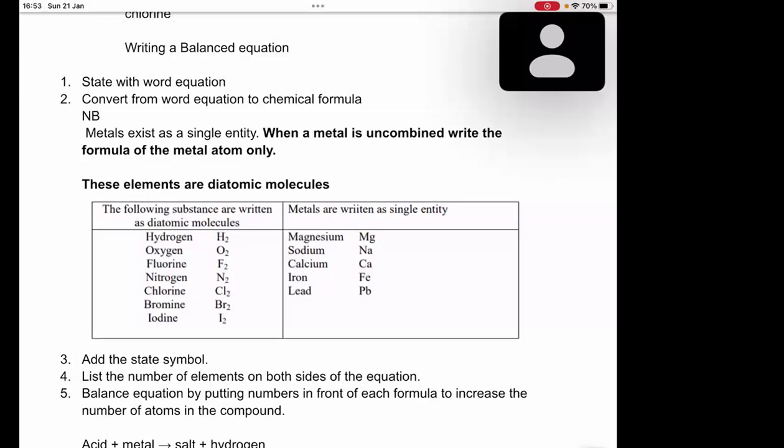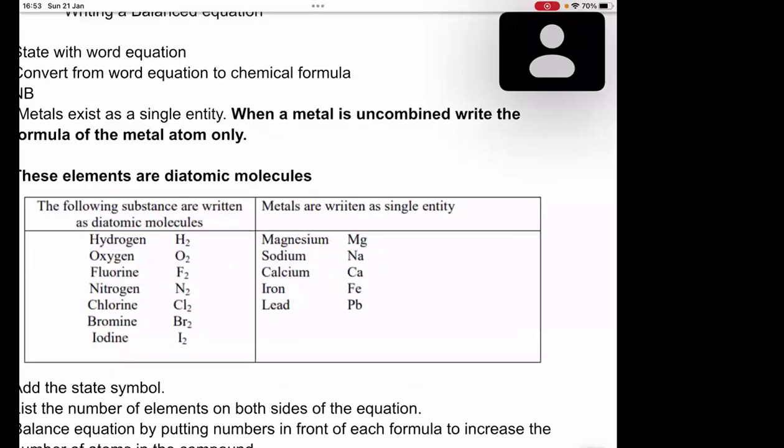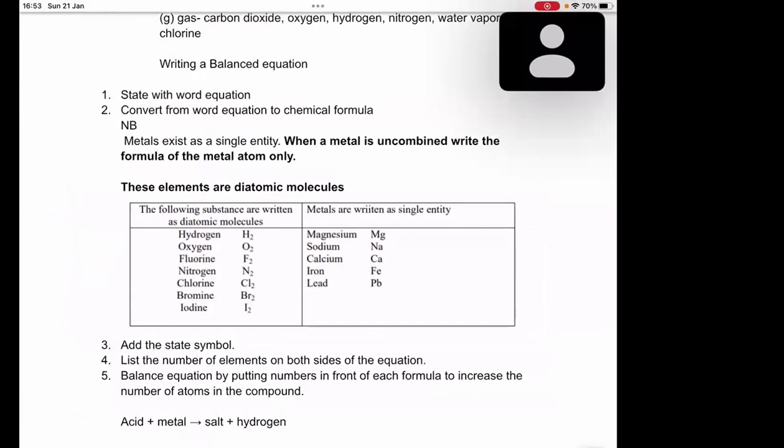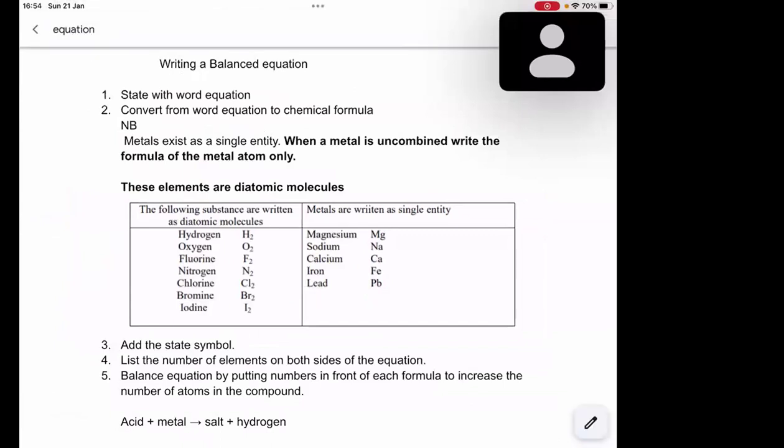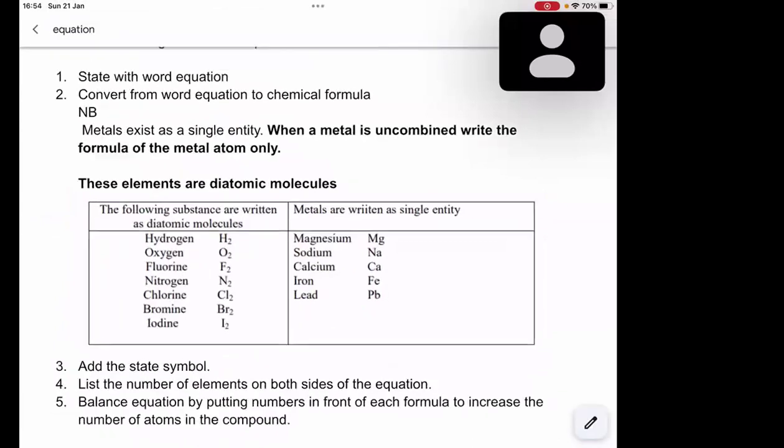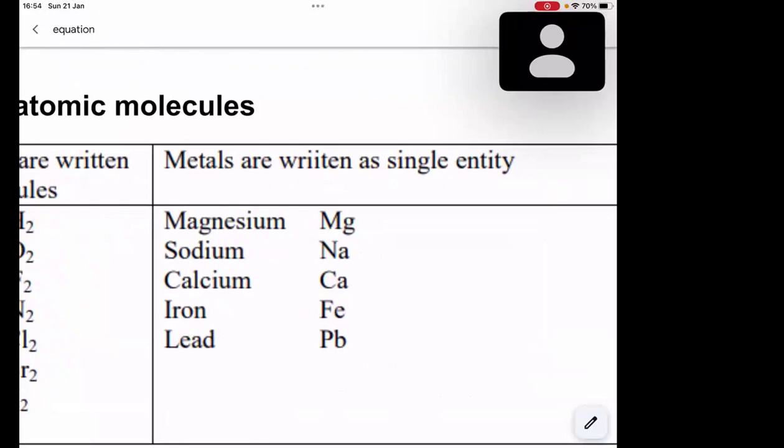If it's zinc only, when metals are uncombined, we write the formula of the metal atom only. So I don't write the charge and I don't put anything at the bottom. So magnesium is Mg, sodium is Na, calcium is Ca, iron is Fe, and lead is Pb. That's clear?